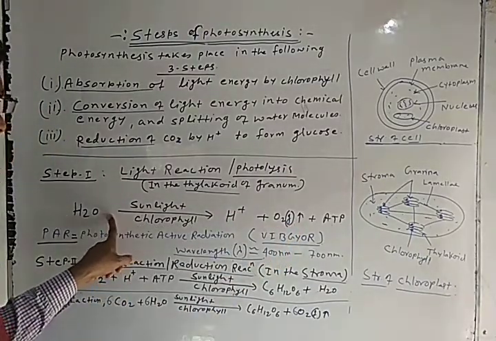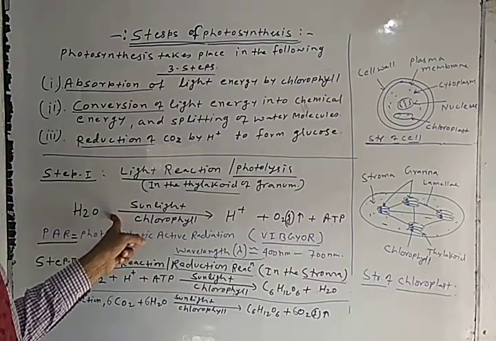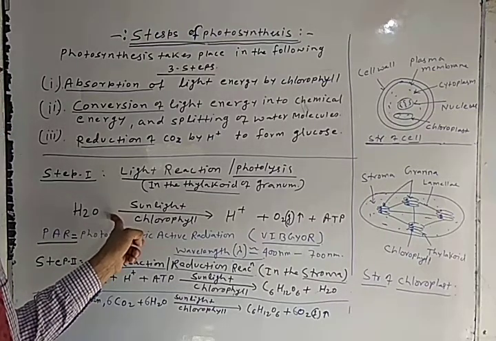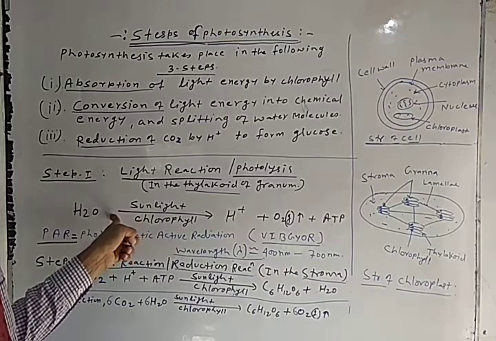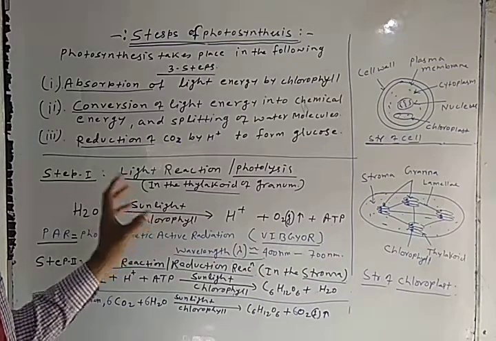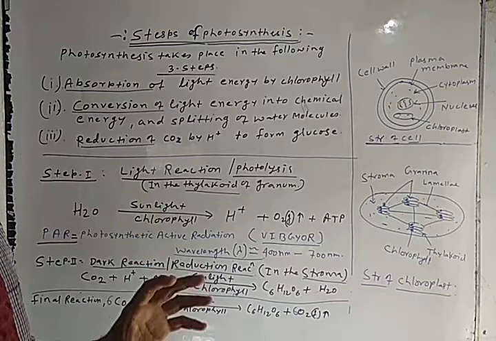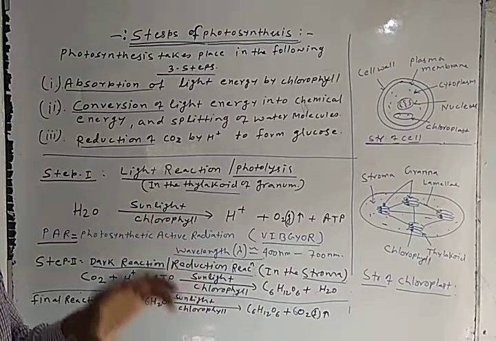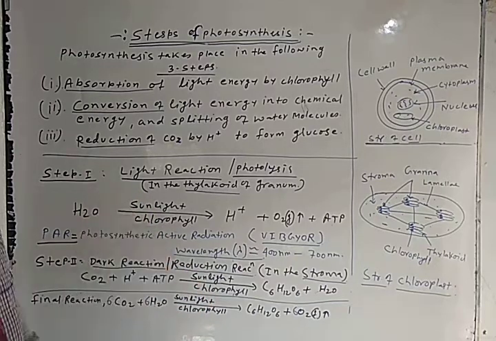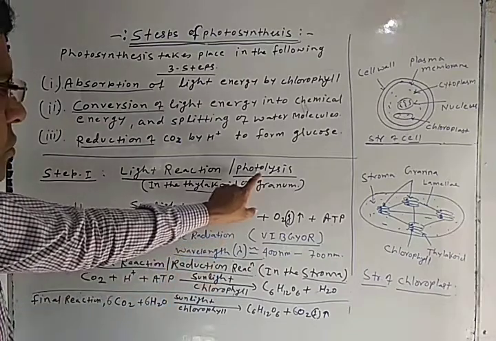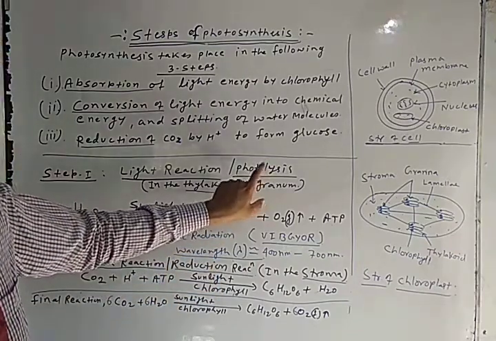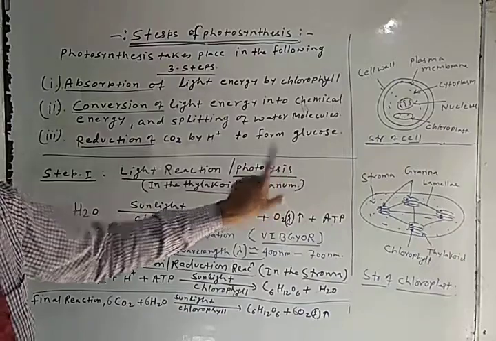You know that when any reaction takes place in the presence of light, in which complex molecules break down into simple molecules in the presence of light, then this reaction is called a photolysis reaction.